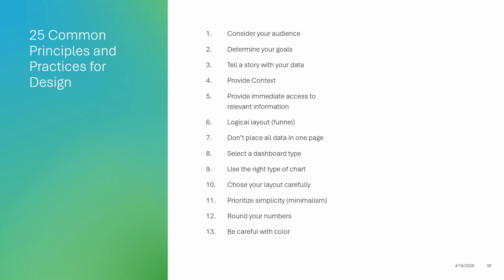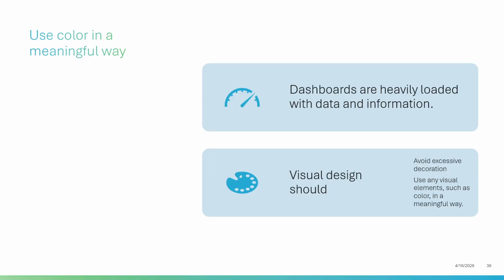Be careful with color. This is really important, because we want to use color in a meaningful way. We already have data and information, and that visual design should avoid excessive decoration. We don't want to actually use flourishes and things like that. The visual elements, such as color, need to be used in meaningful ways.